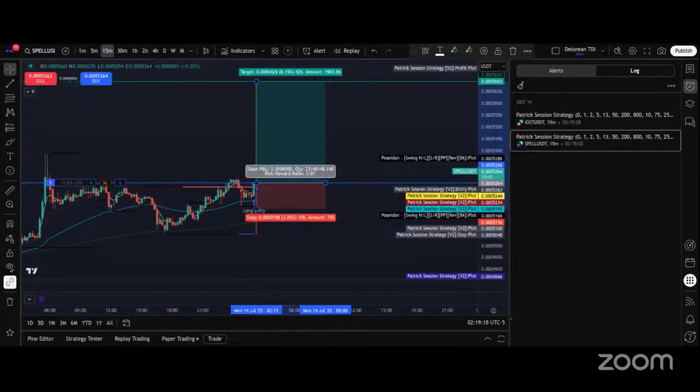Stop loss is 0.0005156. And that's going to be for 108 pips. And entry price is going to be 0.0005264.